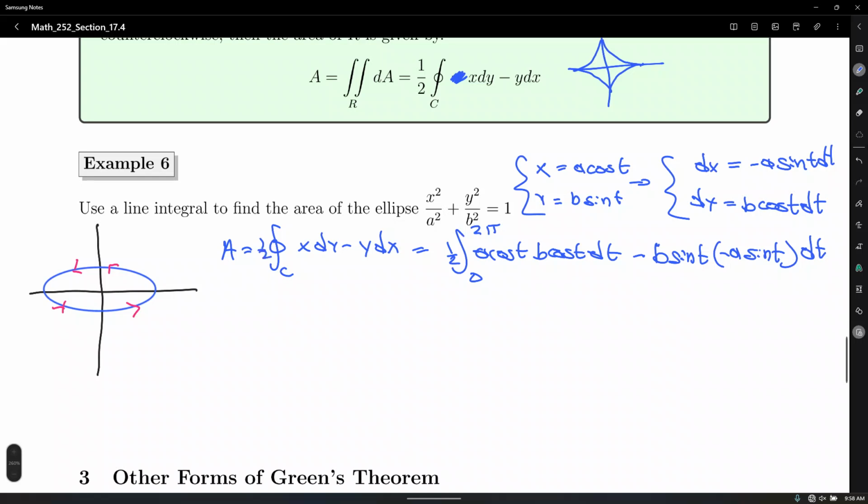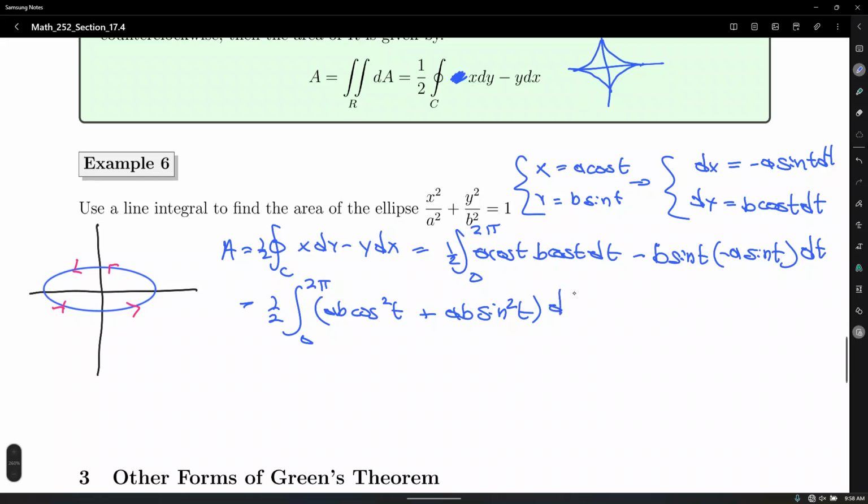I already forgot it. Don't do that. So, 1/2 times the integral from 0 to 2 pi of ab cosine squared t, minus, that's plus another ab sine squared t.